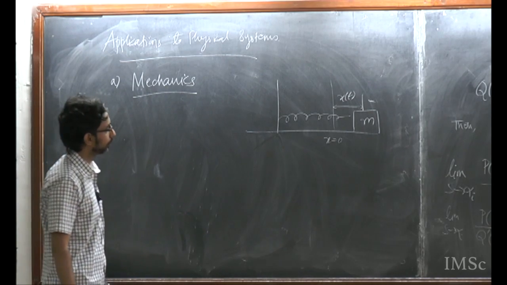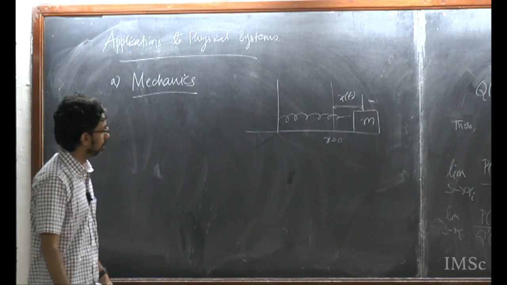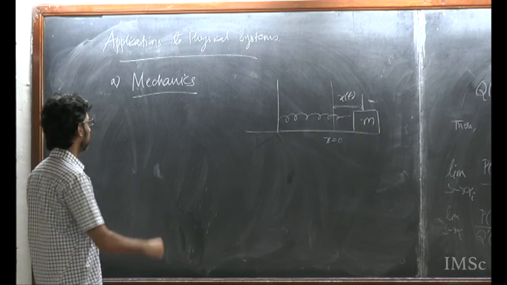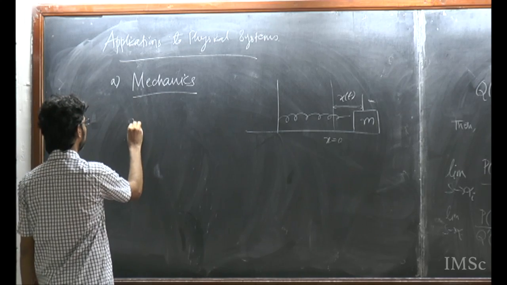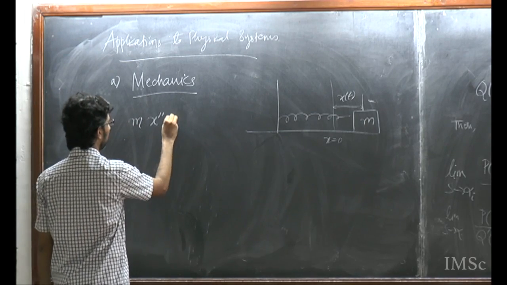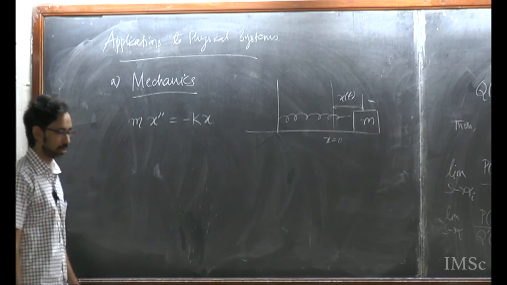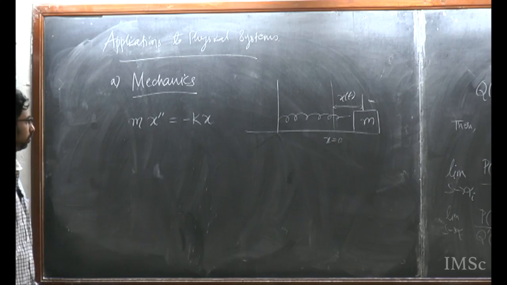The differential equation which governs the motion of the mass is given by m x double prime equals minus kx. This is called Hooke's law in physics.